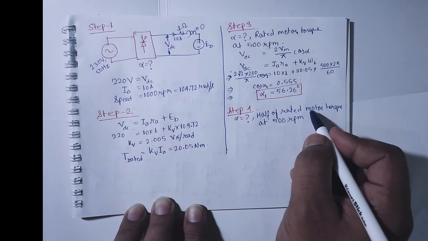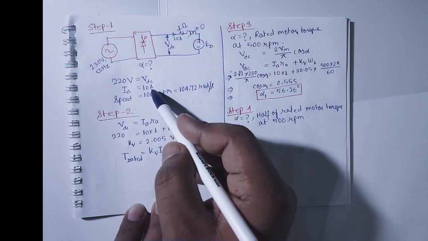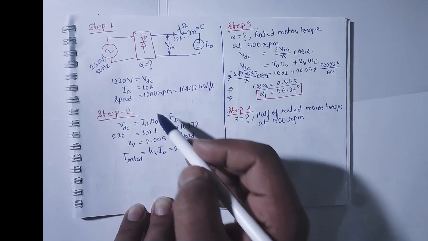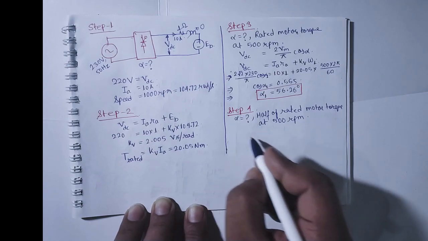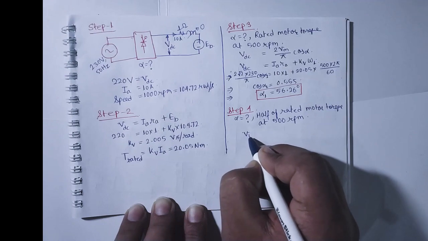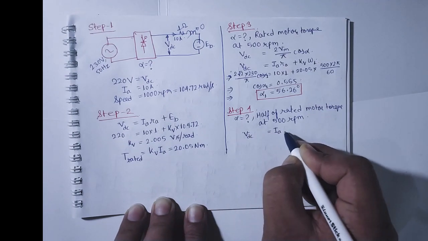What does it mean? This effectively means that the current at rated condition is halved, that is 5.